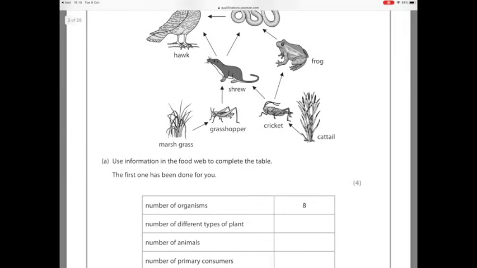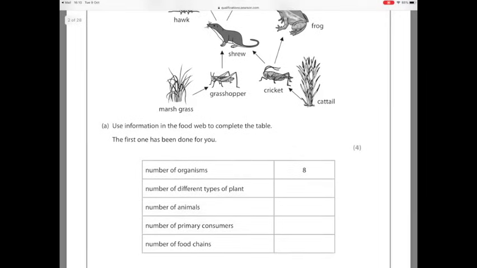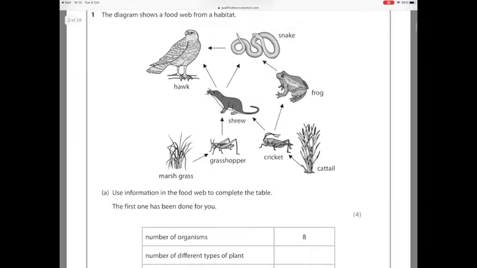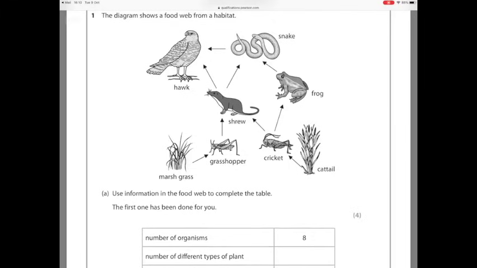Number of primary consumers, so remember they appear straight after the producers. So we've got an arrow leading to the cricket and the grasshopper, which is why the answer here is 2. Number of food chains, God, this is more difficult. So food chain 1 will be marsh grass, grasshopper, shrew, hawk.